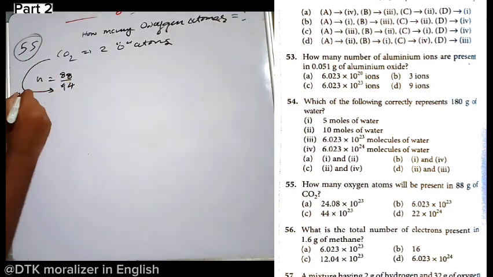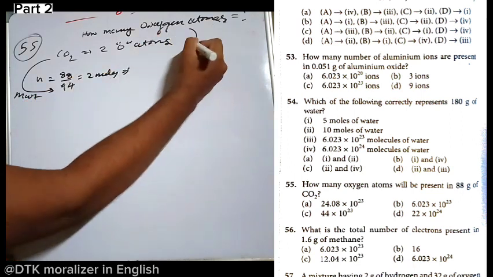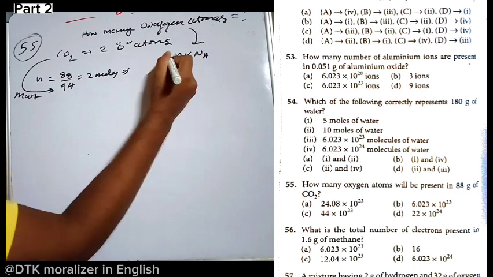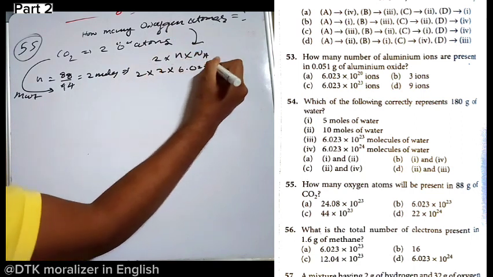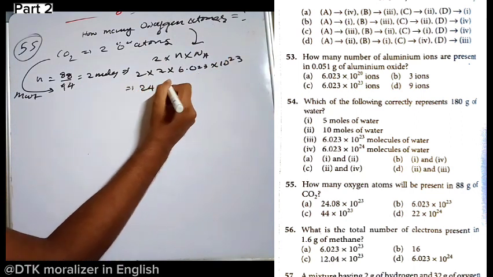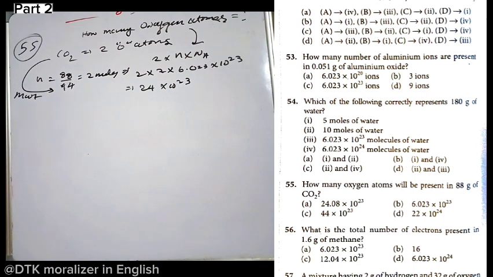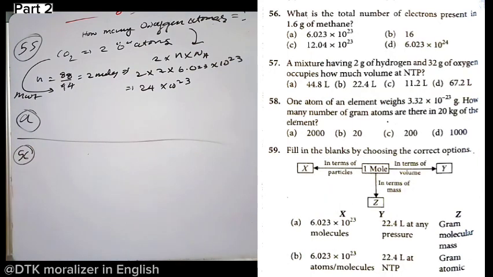So we have to find the moles. CO2 molecular weight is 44, so it is 2 moles. N into Na becomes the number of molecules. So 2 into N into Na, which is equal to 24 into 10 power 23. So option A is right.